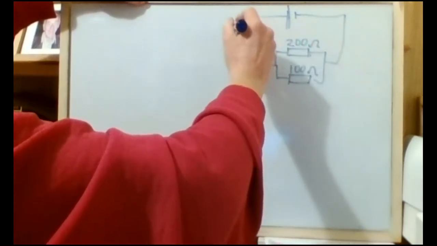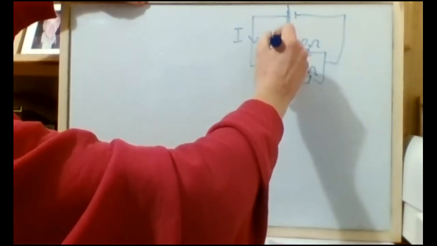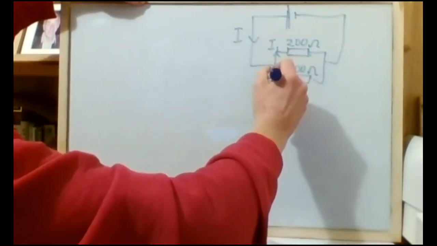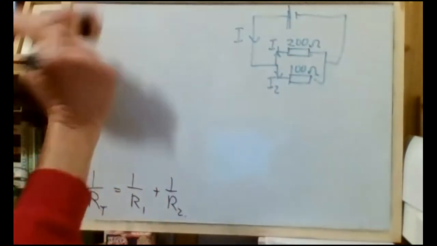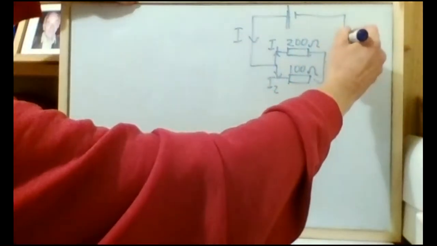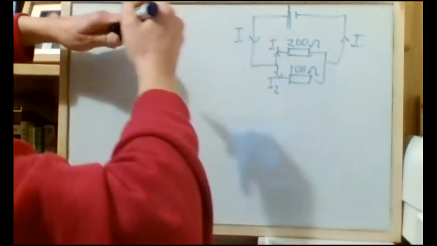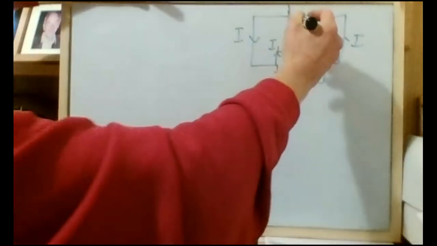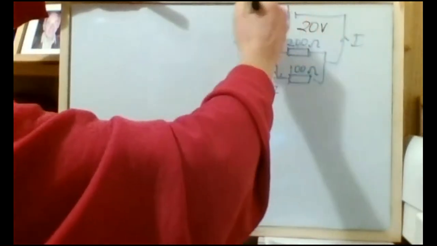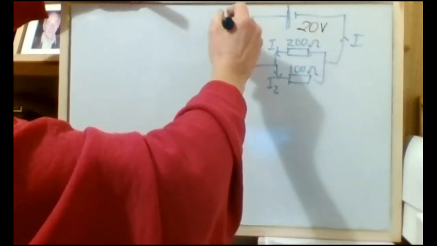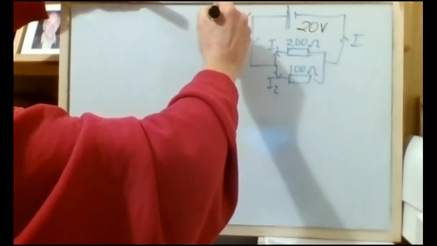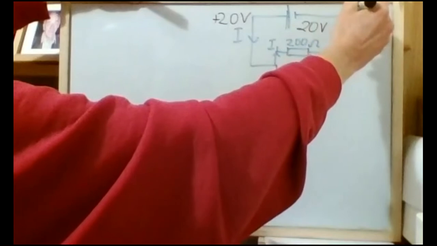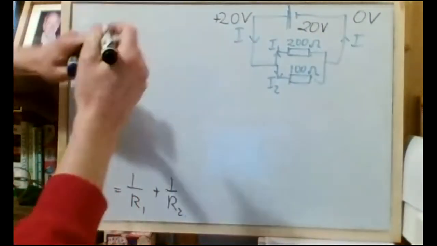We've got I out here and I1 there and I2 that way. Okay, and we've got I coming back here. The power supply is 20 volts. So the potential around here is all going to be plus 20 volts. And the potential around here is going to be, as always, 0 volts.